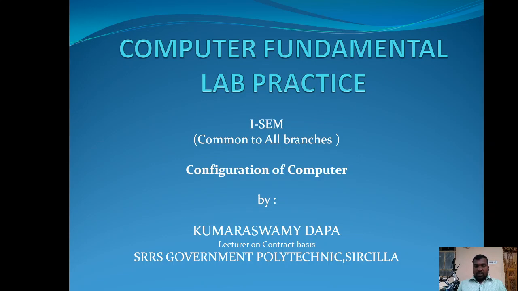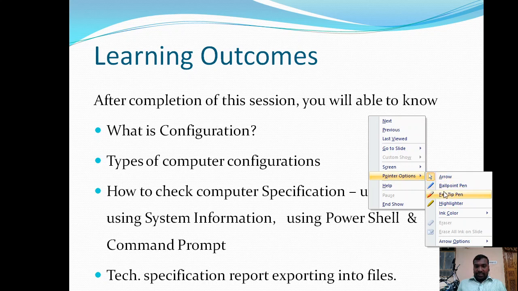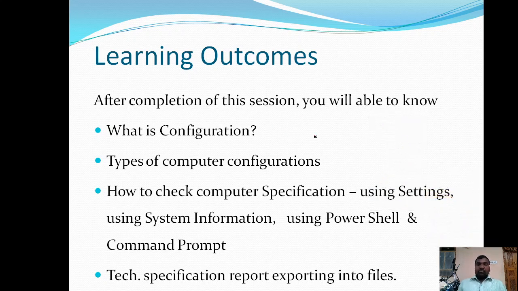And today we are going to learn the configuration of computer, how to know the configuration of a particular computer system. Okay, so the learning outcomes of this today's session is, after completion of this session a student will be able to know what is the configuration, and how to find what are the different types of computer configurations available, and then how to check the computer specification or configuration by using various tools, like by using settings, by using system information command, and by using PowerShell, and at last with the help of command prompt.